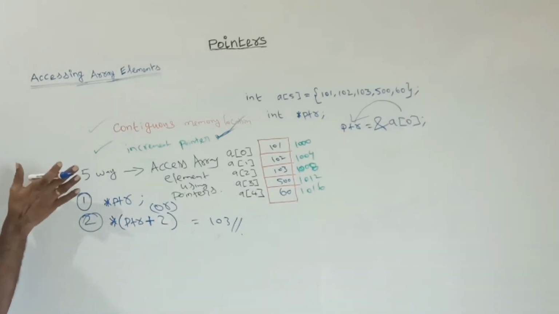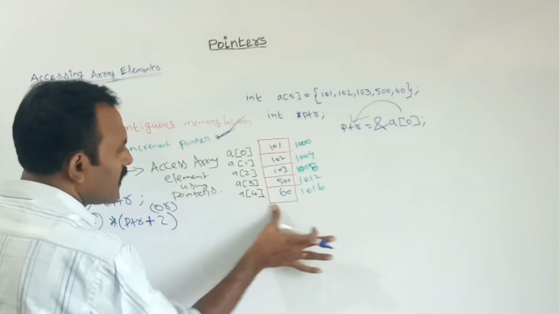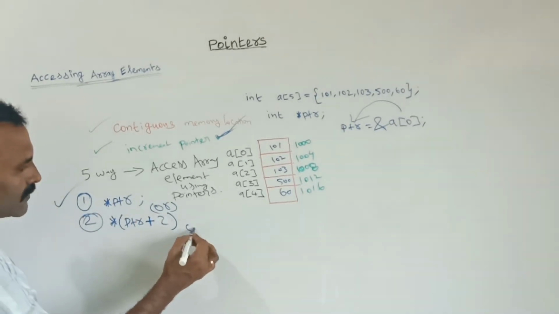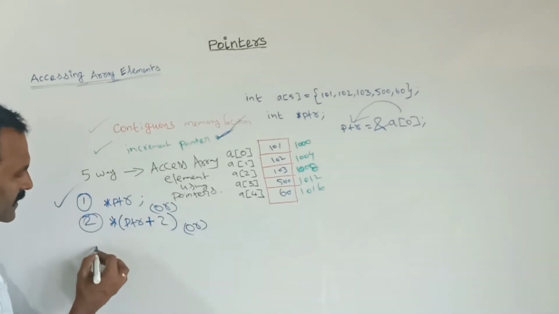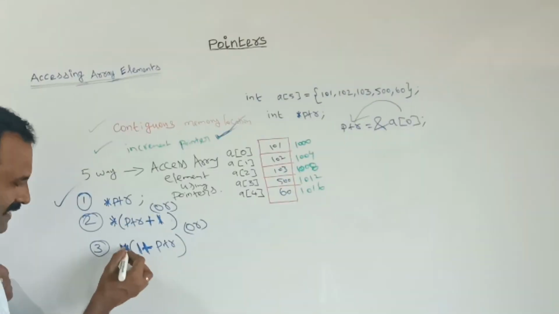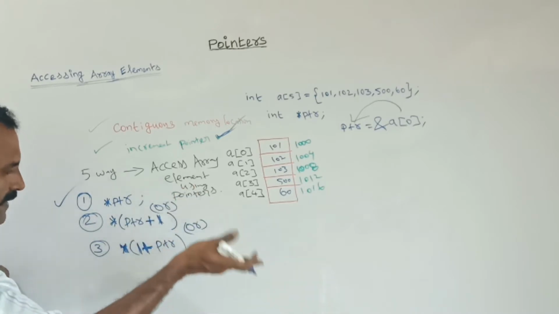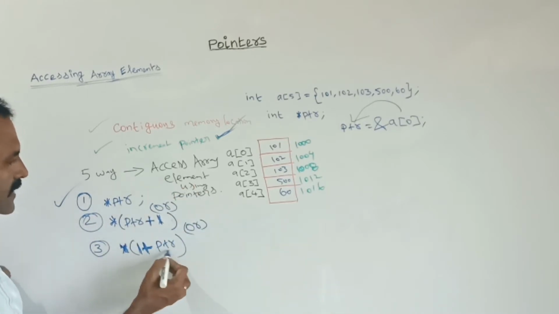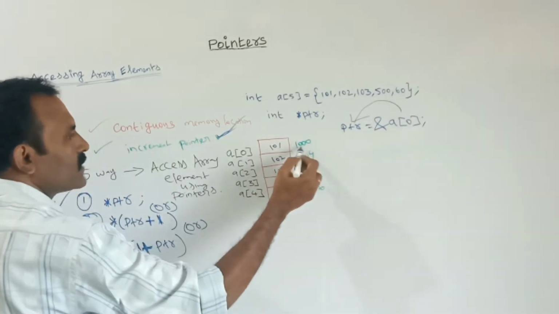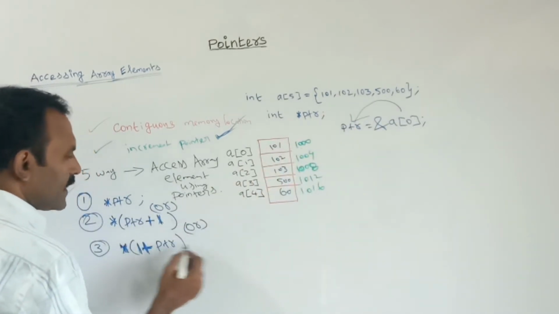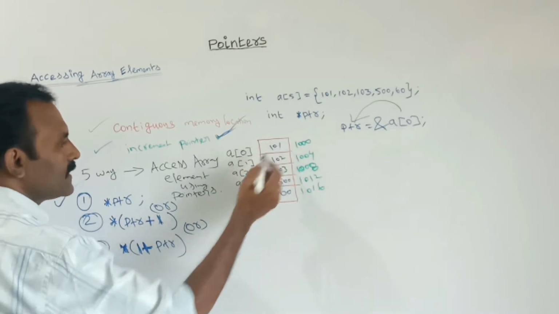So we can use any one of these and access the array element. Next, we can use it like this also. This is the second way, or here we can give it like this also. Third way: from the current location, it accesses the next location element. The current location is 1000, that is, the address of a[0] is 1000.